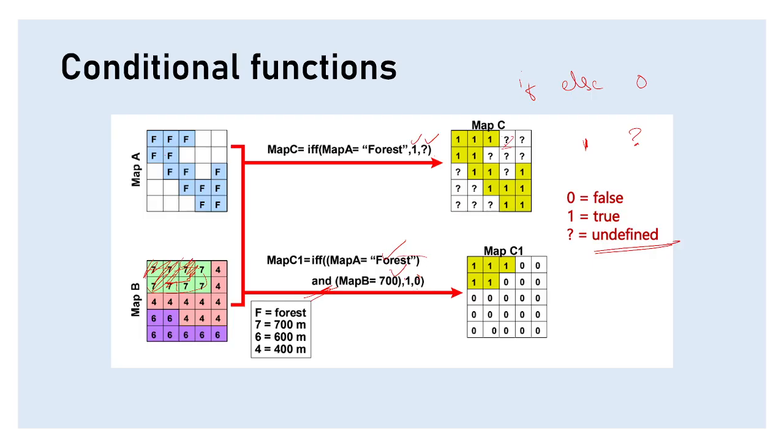So that is how, if you are classifying, sometimes in order to make things less complicated, you can do the classification step by step. Okay, so here you have done it step by step. First you did this function, so you know where these true, undefined, all those things are. Then you are incorporating the map B. So when you do it step by step, the chances of complicating things or things going wrong will be pretty less.